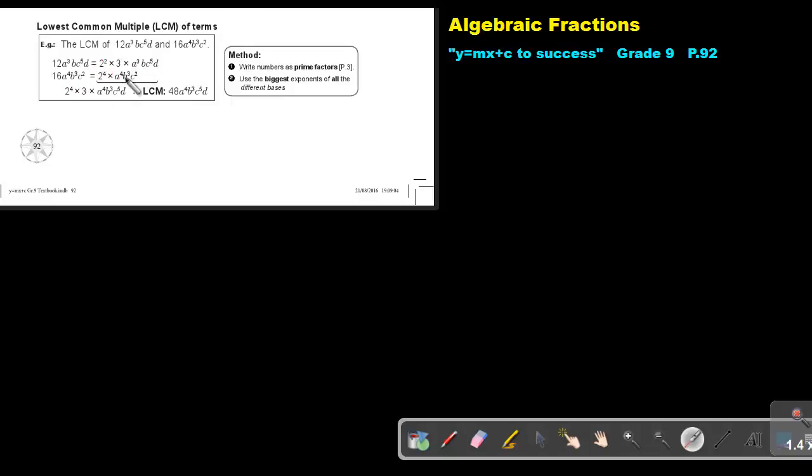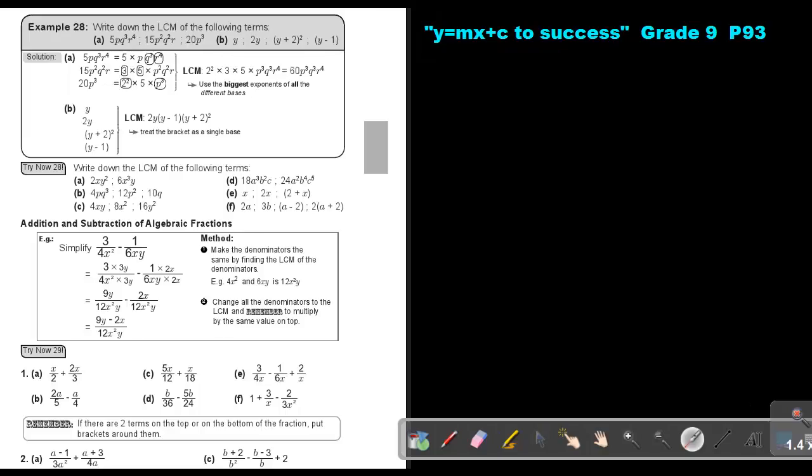If there's an a, you write a and look for the biggest one. If there's a b, you write b and look for the biggest exponent. If there's a c, you write c and look for the biggest exponent, and d. With the highest common factor, we only wrote the bases that are in both numbers. But with the lowest common multiple, we write down all the different bases, and we don't find the smallest exponent, we find the biggest exponent.